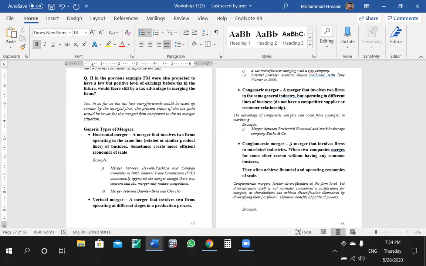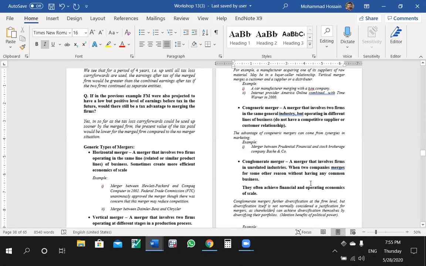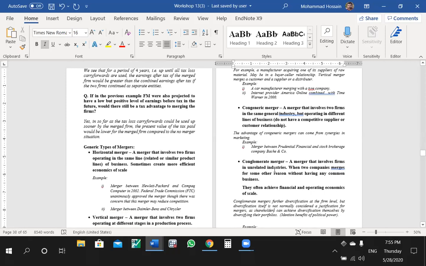So they are not in competition, two different things, but the same industry. Conglomerate merger, unrelated industries.